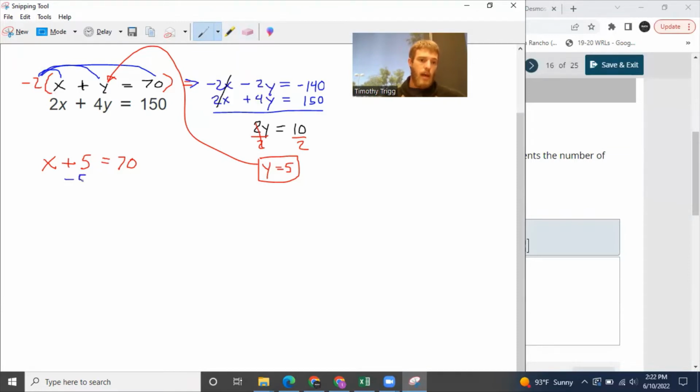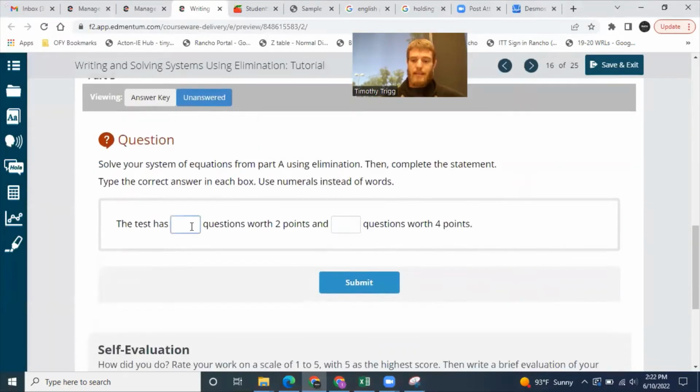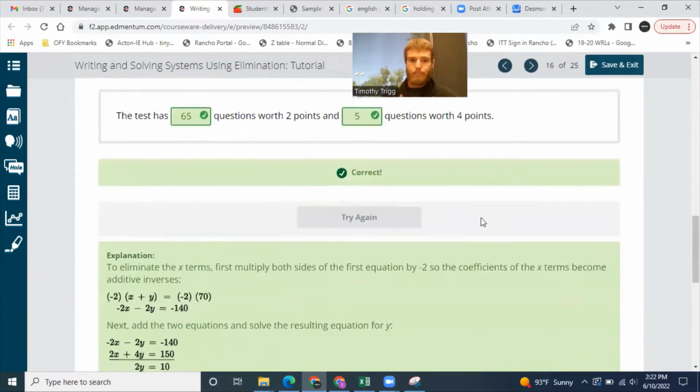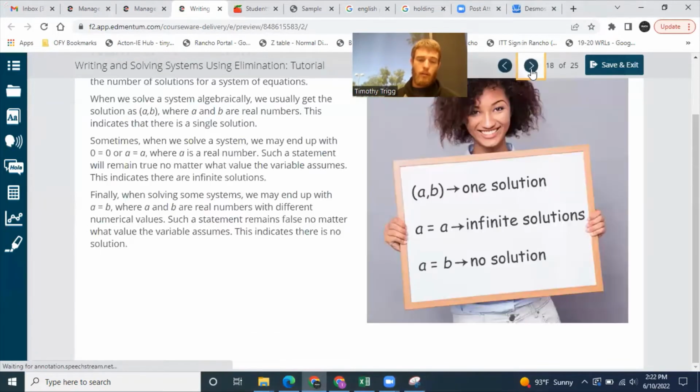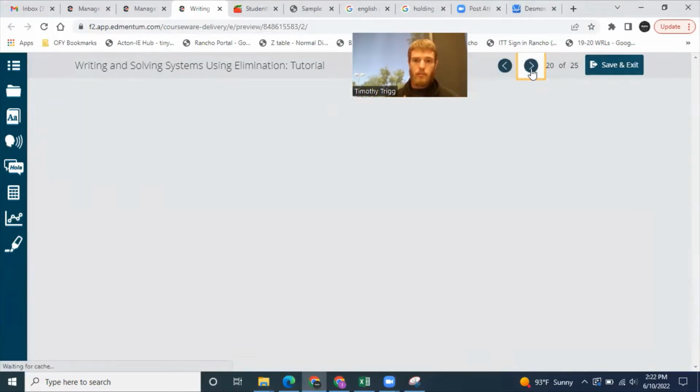Well, hopefully you see I would subtract 5 on both sides of the equation, giving us the value of x is 65. All right. So that means it has 65 2-point questions and 5 4-point questions. And there you go. Let's go ahead and move along.